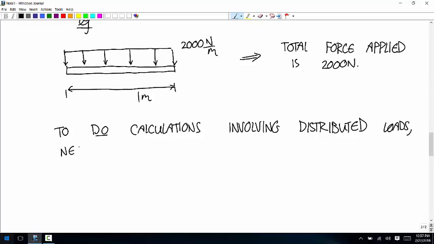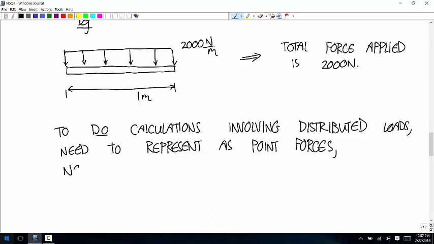So we'll need to represent these as point forces. There are two things we have to know in order to do that. We need two pieces of information.